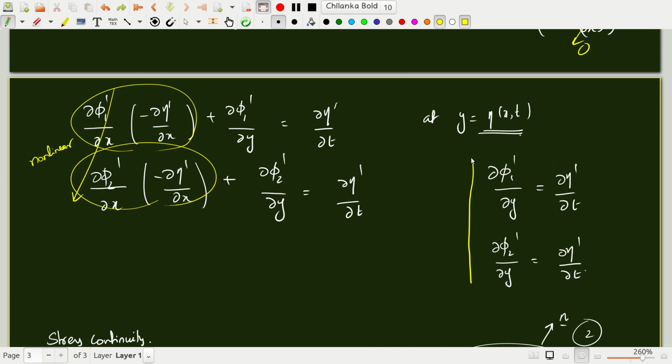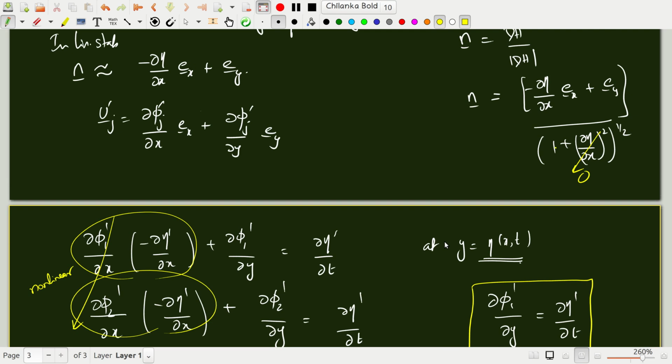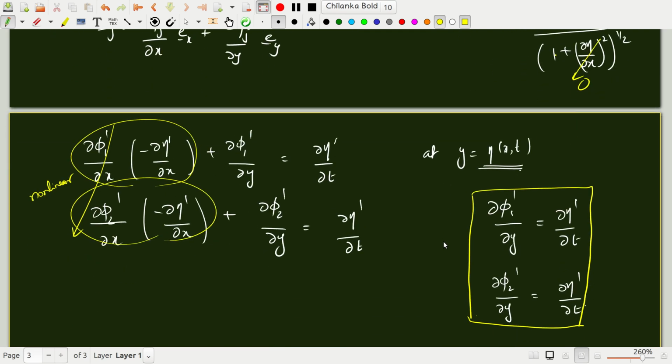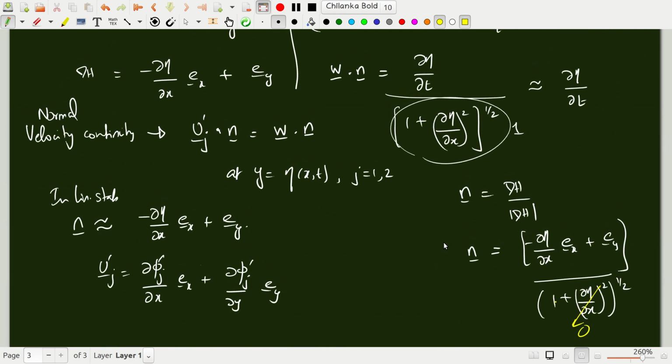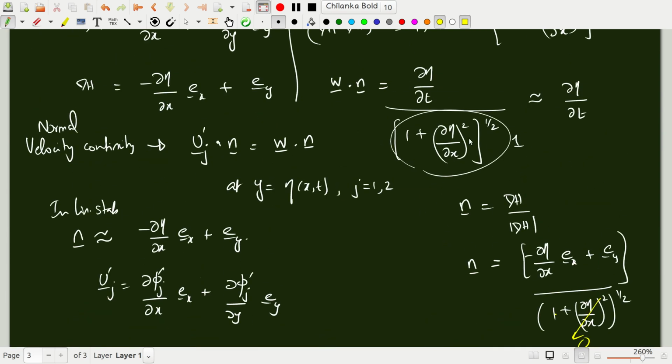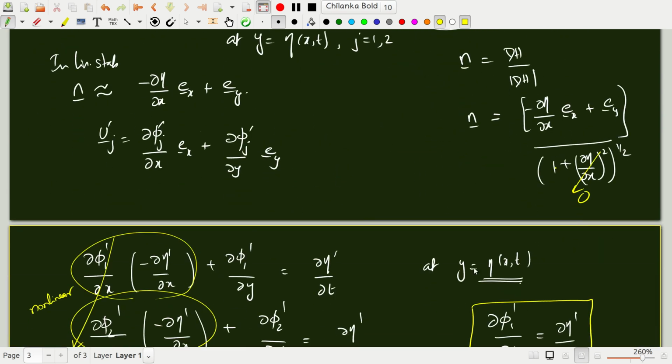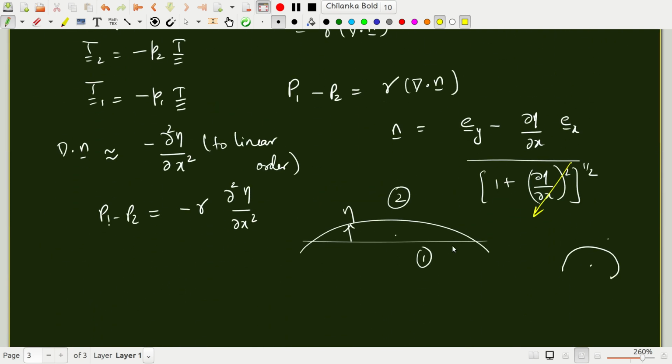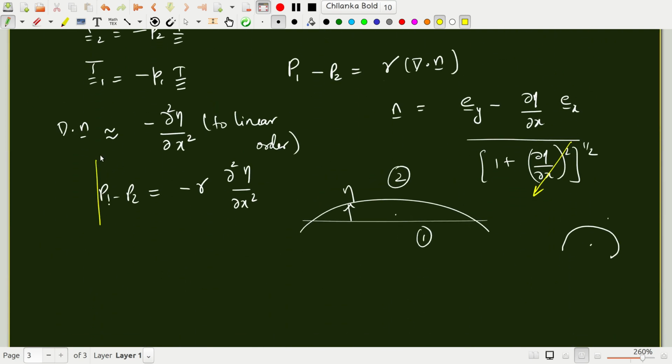We have both the kinematic condition and the continuity of velocity conditions, which yield this, and then we have the pressure continuity condition which yields this, okay.